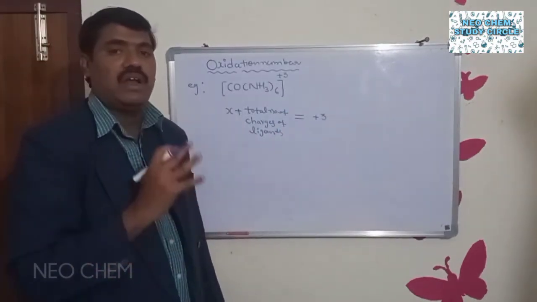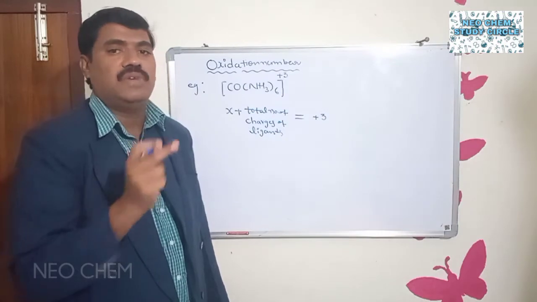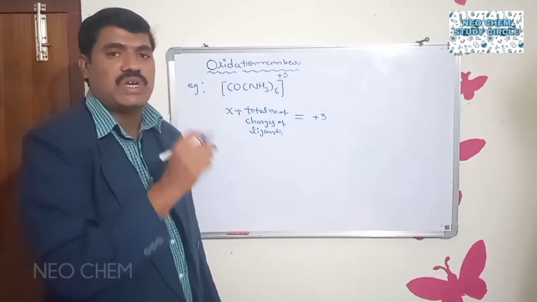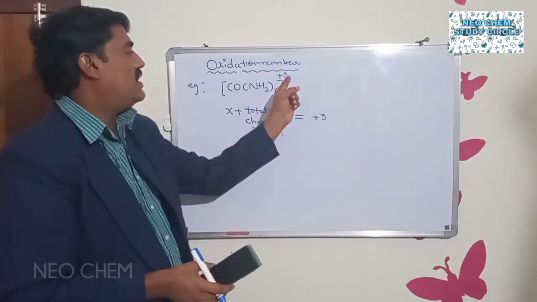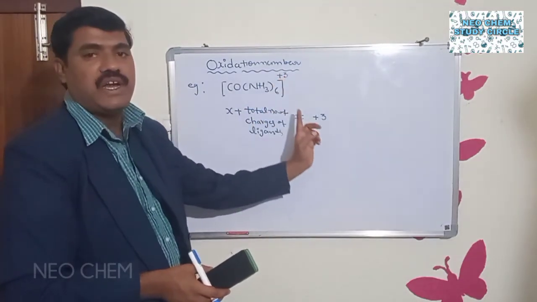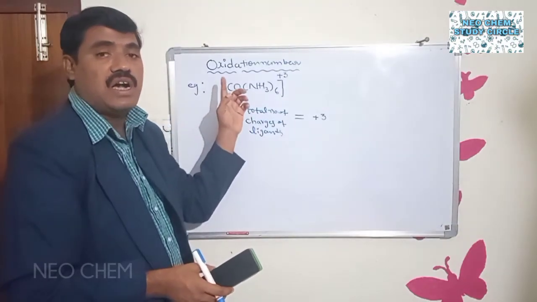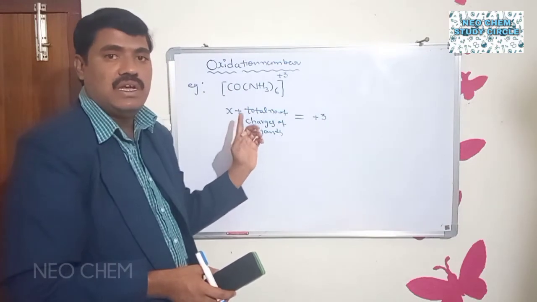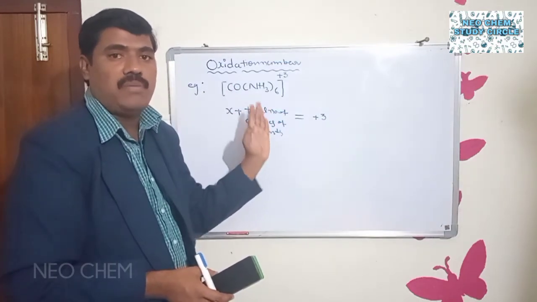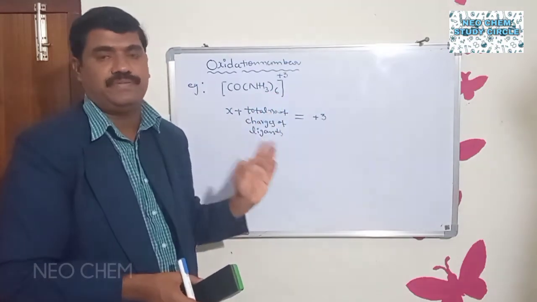Right? While we are identifying the oxidation number of central metal atom in the complex compound, first of all we should write an equation. Then write the charge of the complex sphere on the right hand side of the equation, and write the oxidation number of central metal atom as X plus total number of charges of the ligands on the left hand side of the equation.